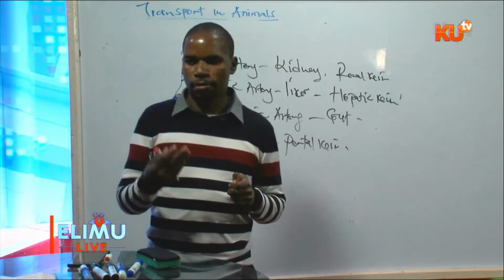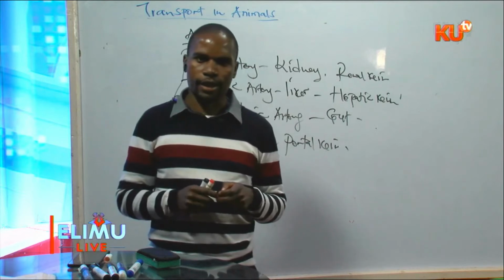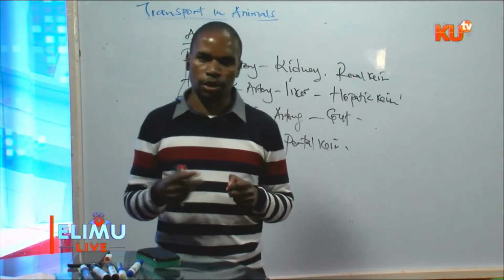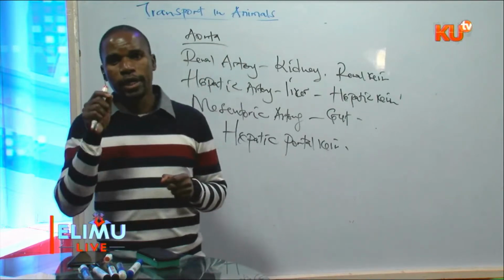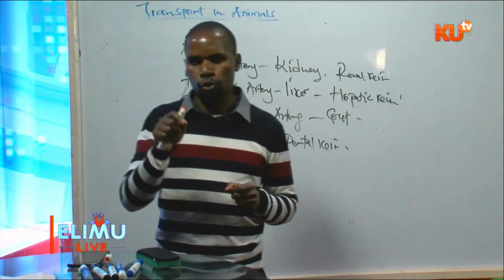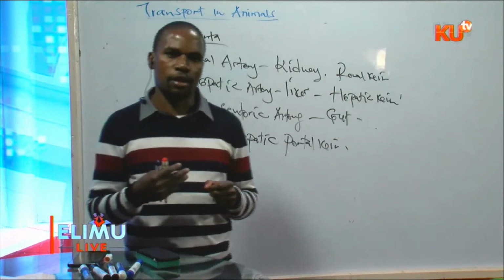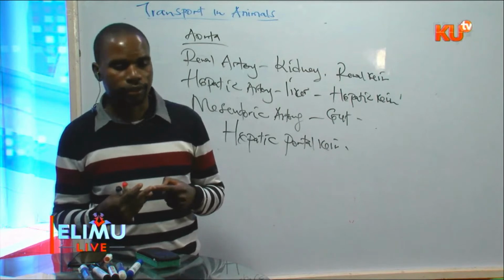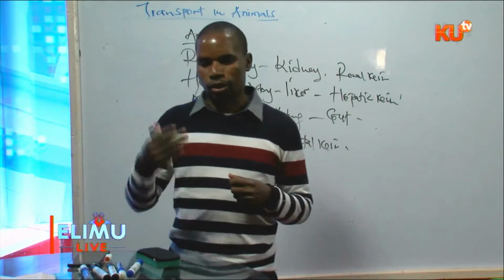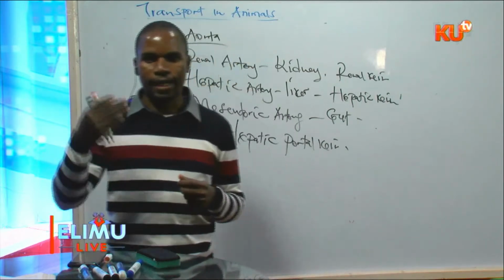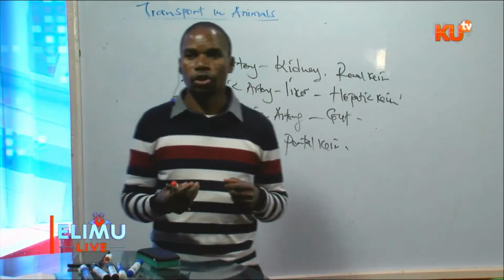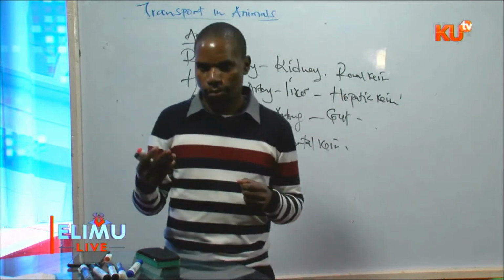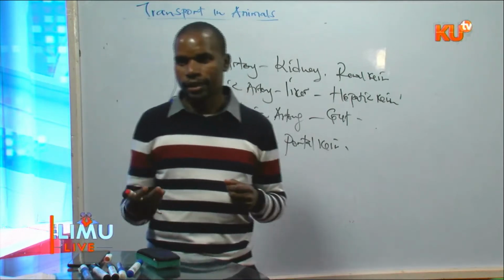When these biochemical reactions are occurring, there is emission of waste products. When we allow those waste products to accumulate within our body, they may be toxic. So that is the reason why we need an elaborate transport system, so that it can do away with any waste product. That is function number 1.